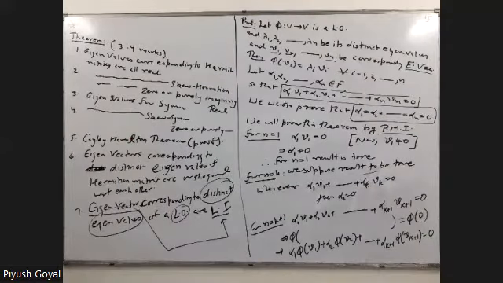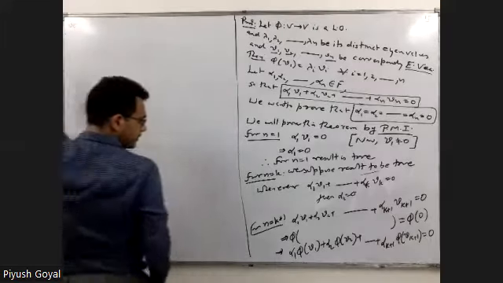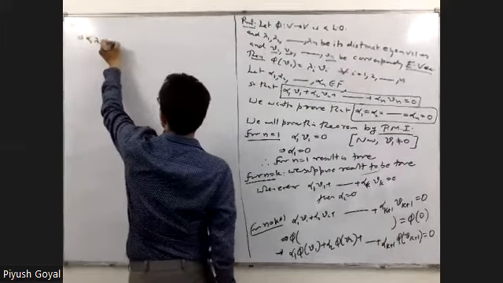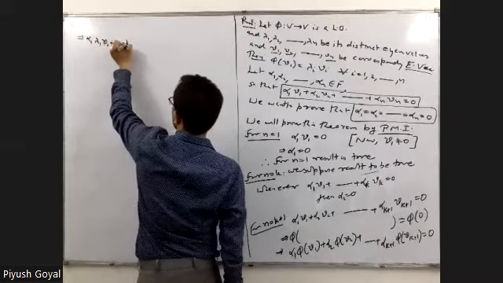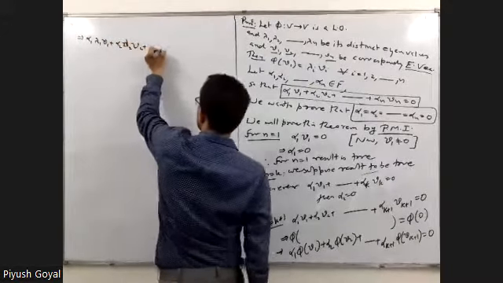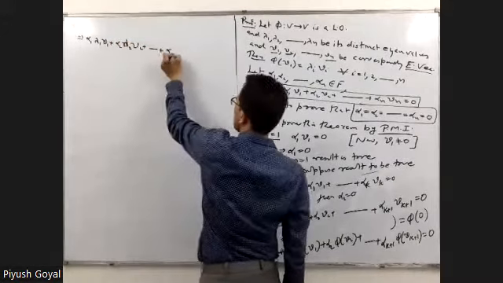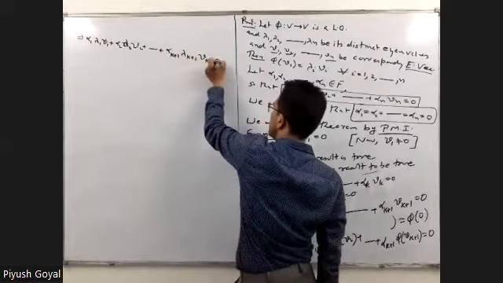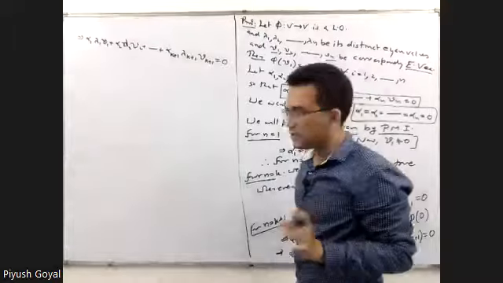I hope this thing is clear to you. So this thing becomes alpha 1 lambda 1 v1 plus alpha 2 lambda 2 v2 so on alpha k plus 1 lambda k plus 1 vk plus 1 equal to 0.